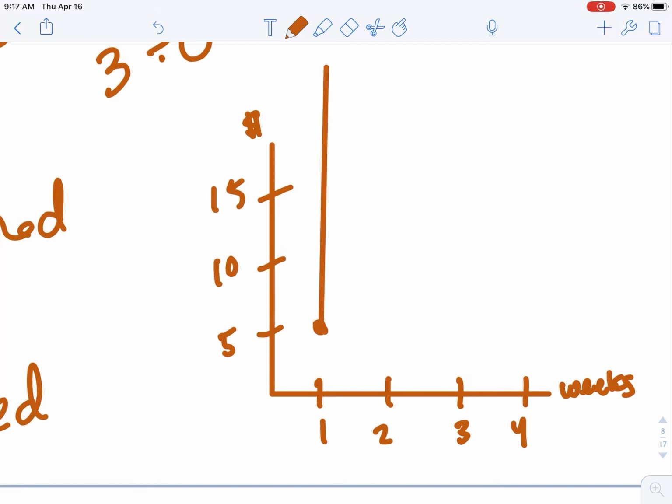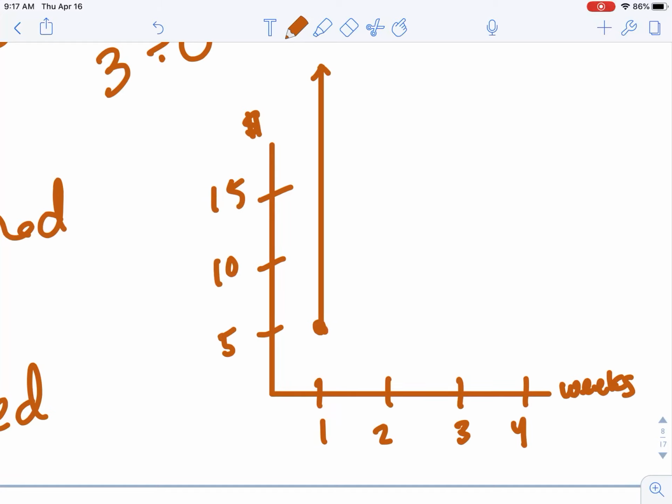And then this is what the undefined graph looks like. It's a vertical line. What this is saying is after 1 week, it keeps going up. $5, $10, $15, $20, $30. And that's fine. But that's saying that's only happening in 1 week.